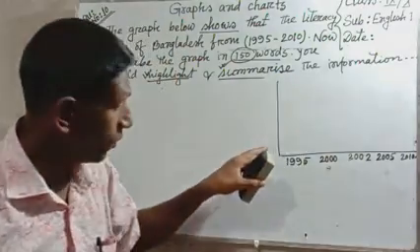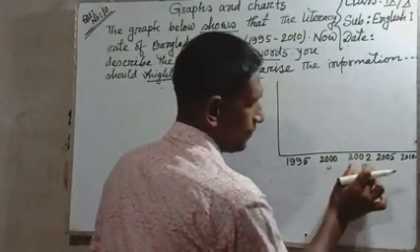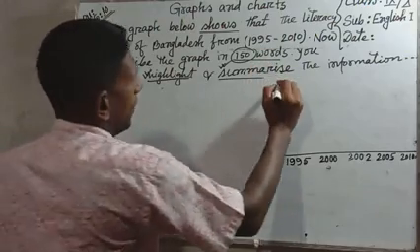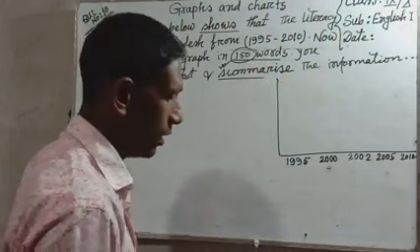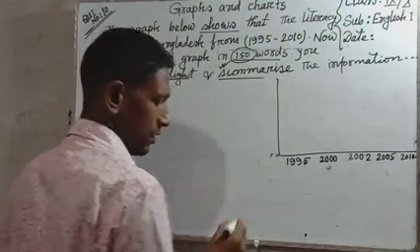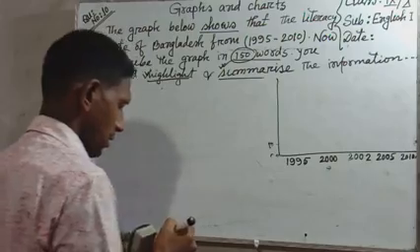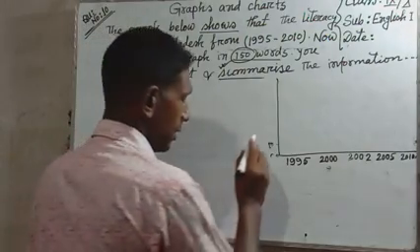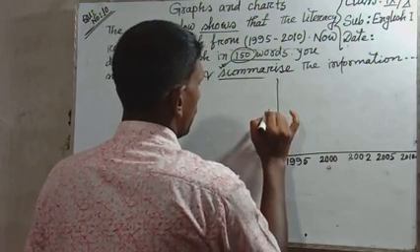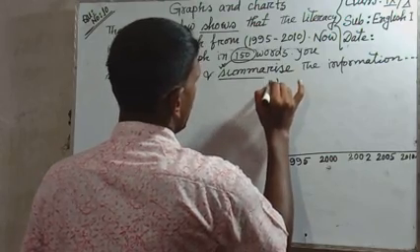Clear? On the horizontal line, we have written the years. Okay? And on the vertical or perpendicular line, we will write 0, then 10, 20, 30, 40, 50, 60, 70.